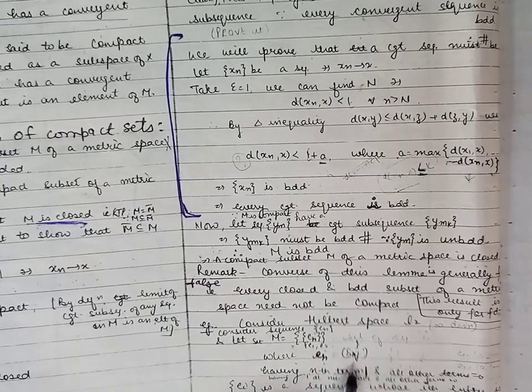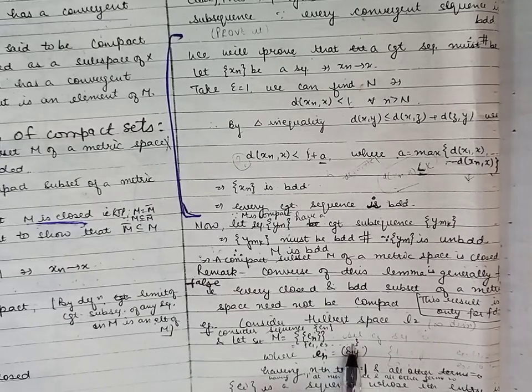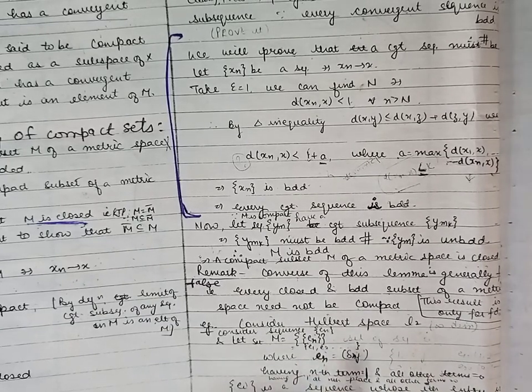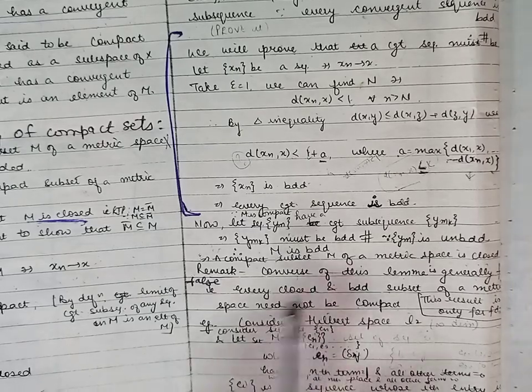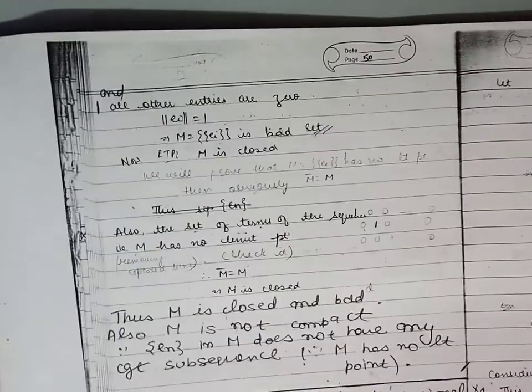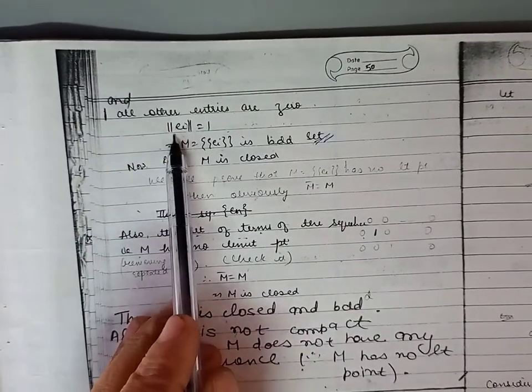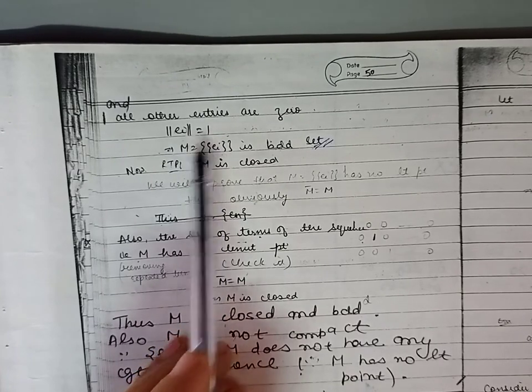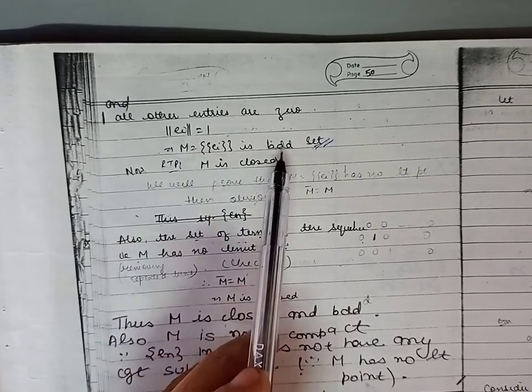Here the nth term is 1 and all the other terms are 0. It means ei is a sequence whose ith entry is 1 and all the other entries are 0, and the norm of each ei is 1, and therefore we can say that the set M is a bounded set.